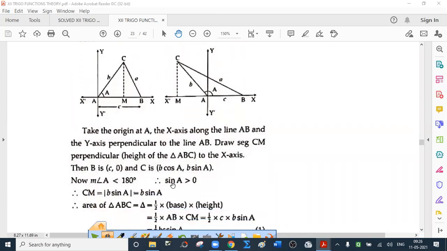Now, the sine ratio of an angle of a triangle is always positive, whether it is acute, right, or obtuse.